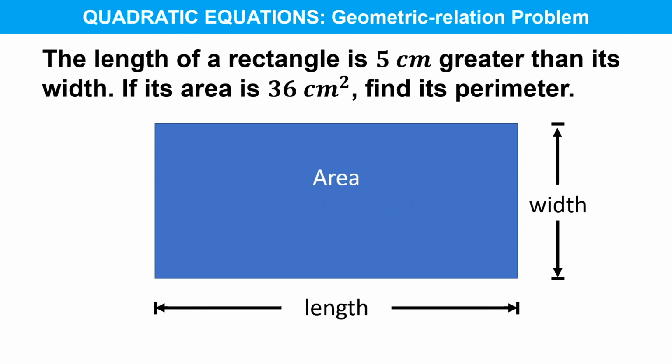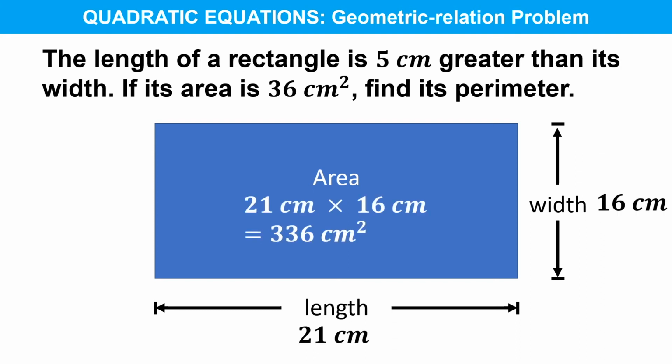If its length is 21 centimeters, its width is 16, but its area is 336 square centimeters. What we are looking for is the perimeter of a rectangle with area 36 square centimeters, not a rectangle with area 50 square centimeters or 336 square centimeters.